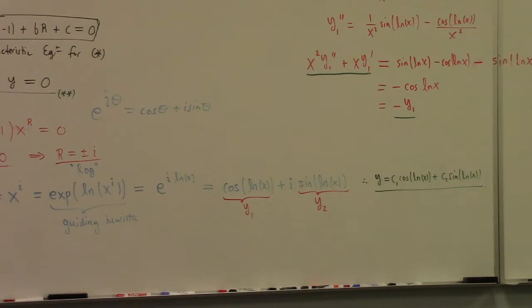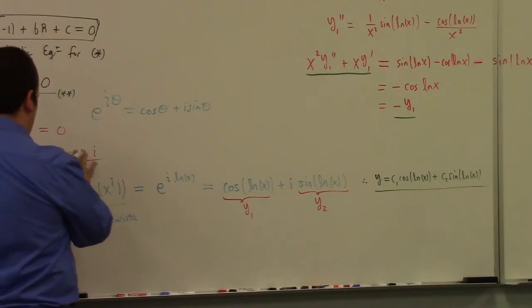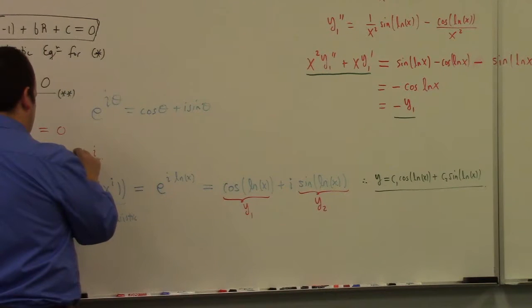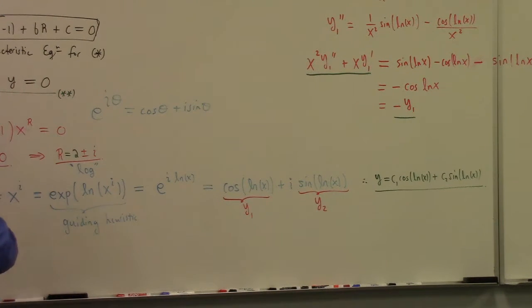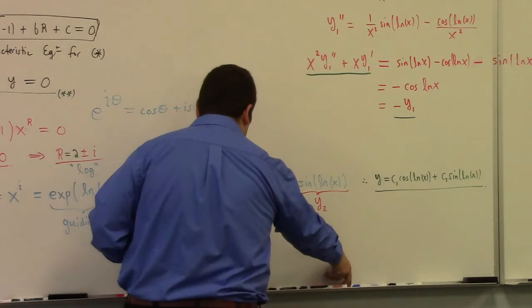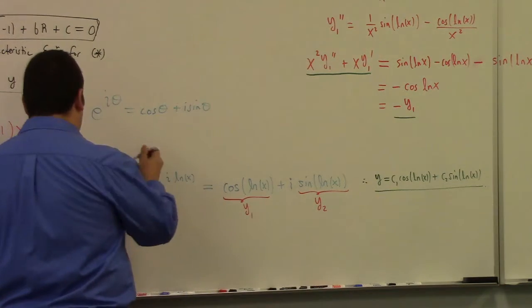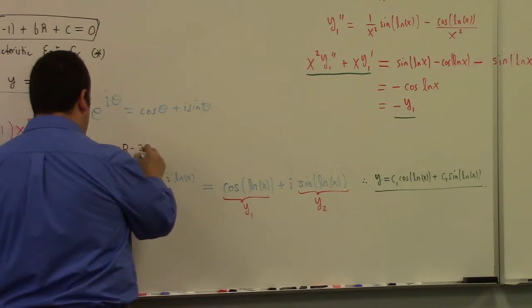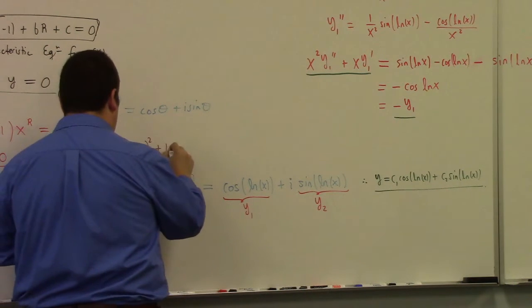Maybe I should do one more example. Let's see here. How could I change this example so that we ended up with something like, suppose I want to get 2 plus or minus i. How should I change it? Here, I'm going to show you the man behind the curtain for a second. So this would come from r minus 2 quantity squared plus 1, right?